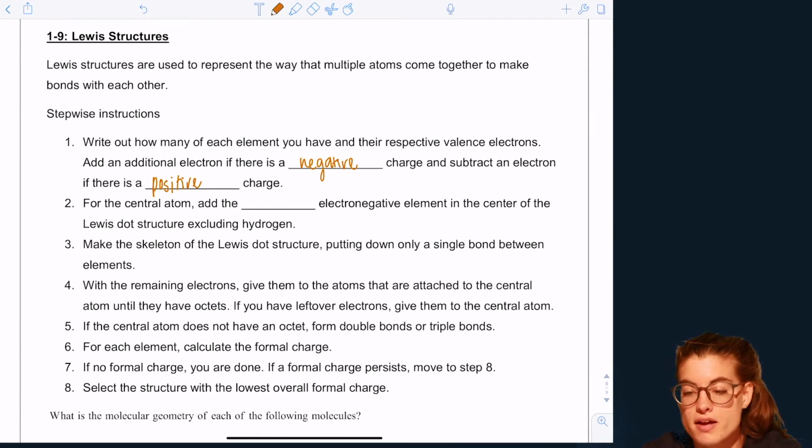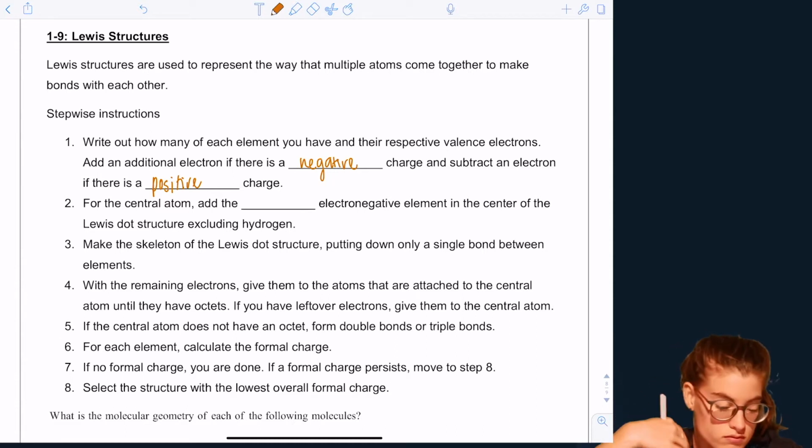If you have a 2+ charge, then you would subtract 2 electrons. If you have a 3+ charge, then you would subtract 3 electrons. If you had a -2 charge overall on your molecule, then you would add 2 electrons because each electron counts as a single negative, okay?